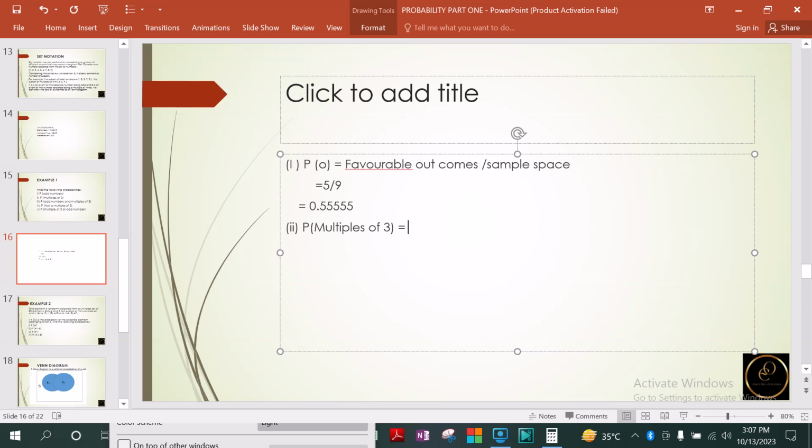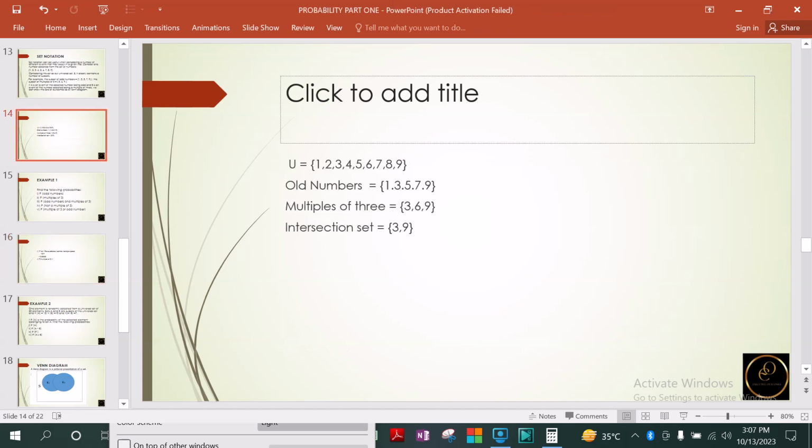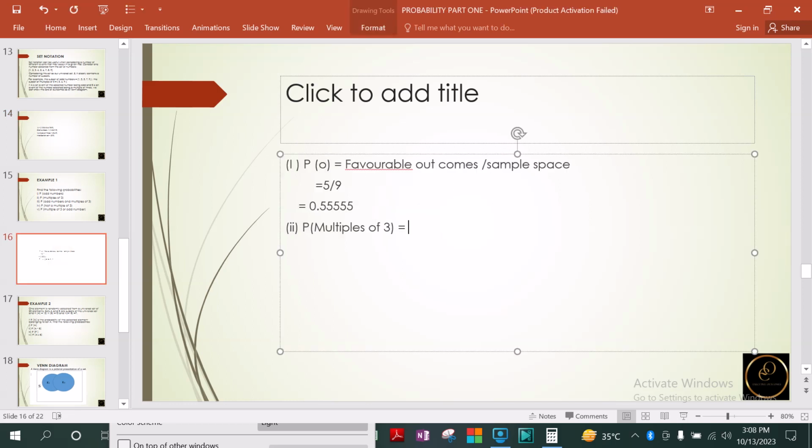So we look at the cardinality of the multiples of 3 set. How many items are there? There are 3: 3, 6, and 9, out of the possible 9 in the universal set. So the probability is the favorable outcomes, 3, divided by the sample space, 9, which is simply 1/3.